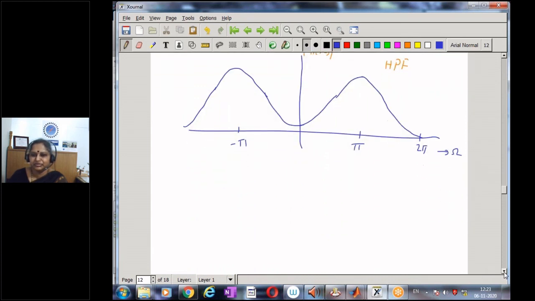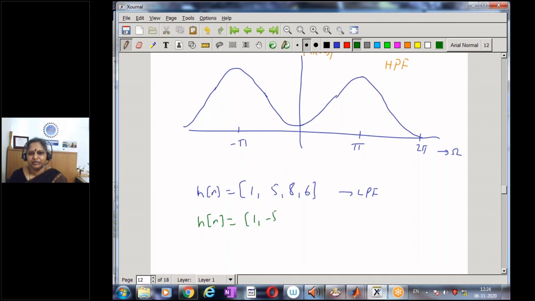Now, to summarize the two examples we have seen: in the first case, we had taken an example with a certain frequency response, with coefficients 1, 5, 8, 6, and this resulted in a low pass filter. Whereas when I took another system, when I changed my impulse response coefficients to 1, minus 5, 8, minus 6, we got a high pass filter.